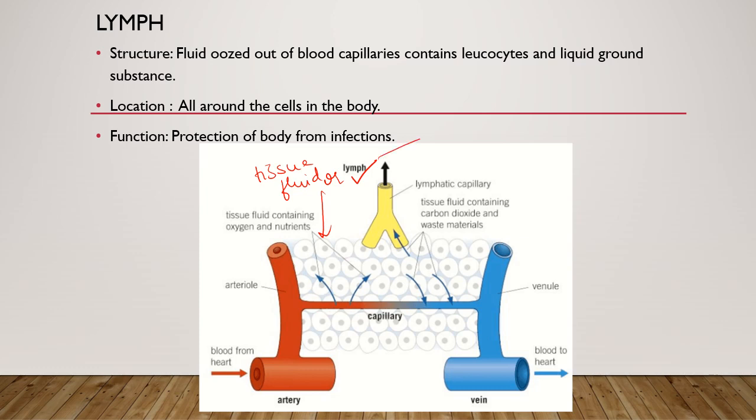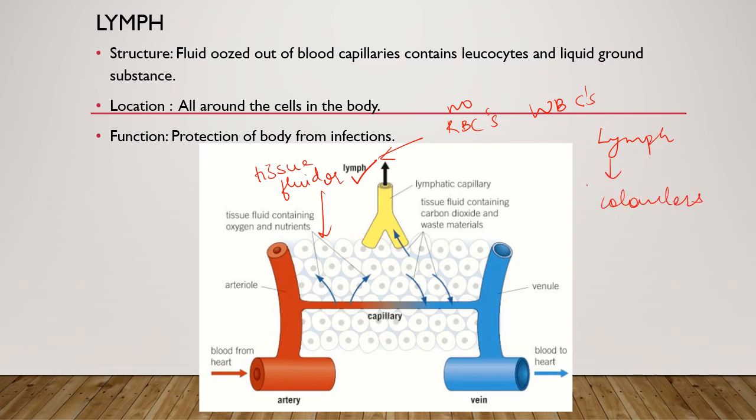Now this lymph, children, just as extra information, does not have RBCs, no RBCs, but it has WBCs. That is why this lymph would not appear red in color, but would be colorless.